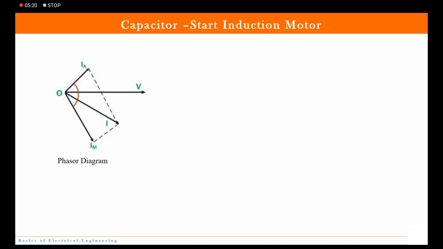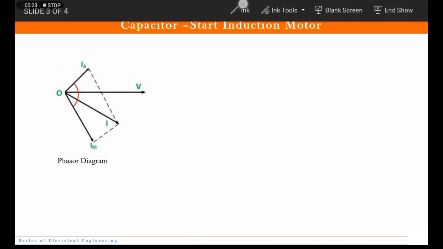Now you can very well understand that this is our auxiliary current and this is the main winding current. So just imagine the value of alpha, which is quite large. Now why did we get such a large value? Because of the addition of capacitor, and we know that capacitor naturally increases the phase shift, isn't it? And it leads the voltage, correct?